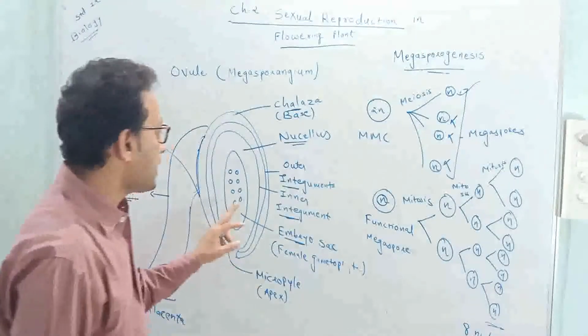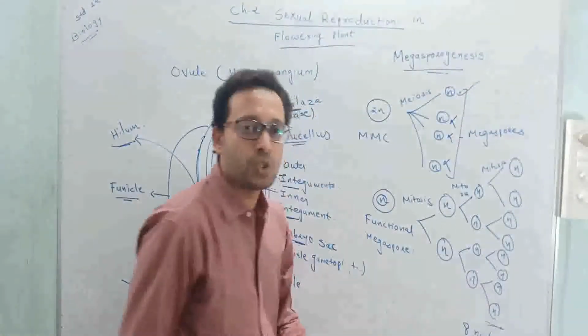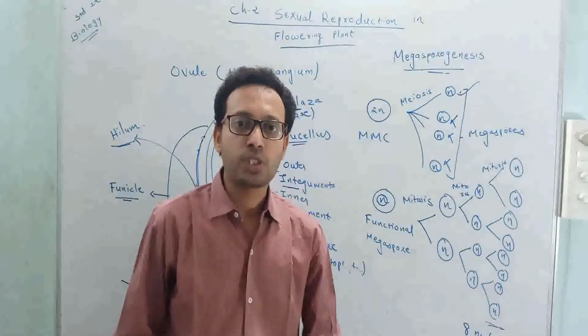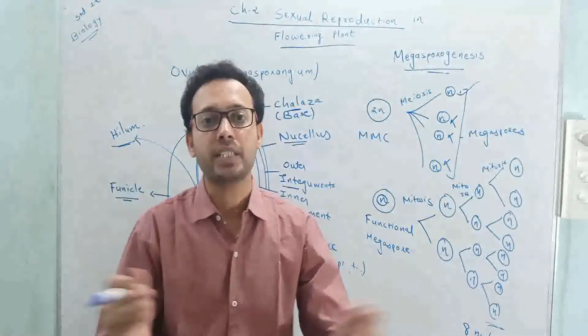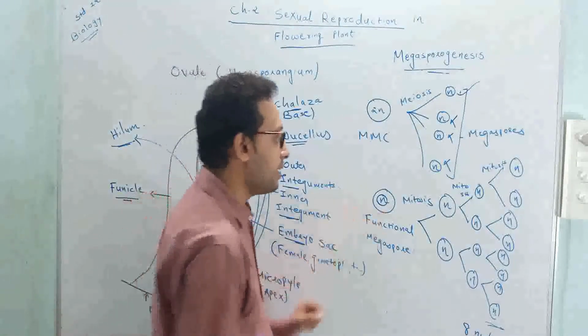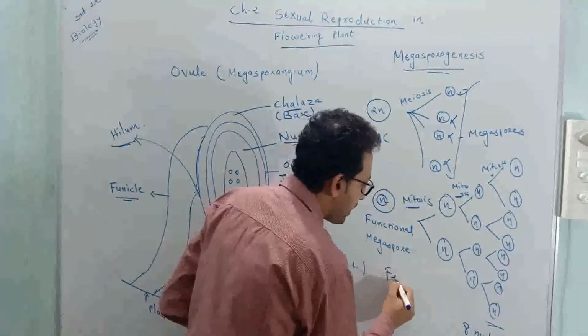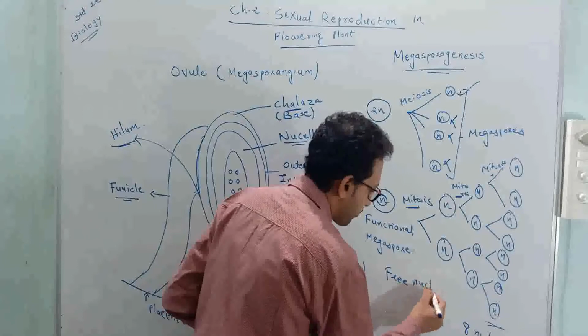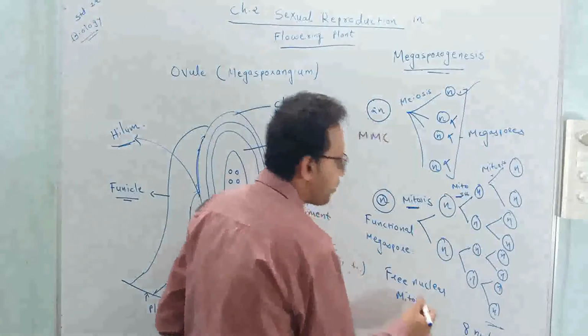Now these 8 nuclei get formed. This is a special kind of mitosis. Usually in mitosis, first a nuclear division occurs, meaning the nucleus gets divided, and then the cytoplasm divides. But here the mitosis that occurs is free nuclear mitosis. What is free nuclear mitosis?